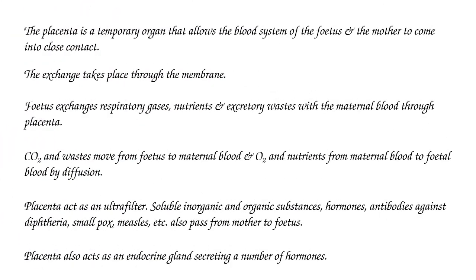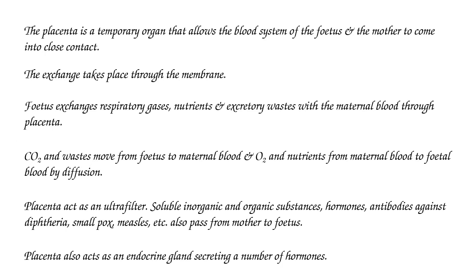The placenta is a temporary organ that allows the blood system of the fetus and the mother to come into close contact. The exchange takes place through the fetal epithelial membrane.